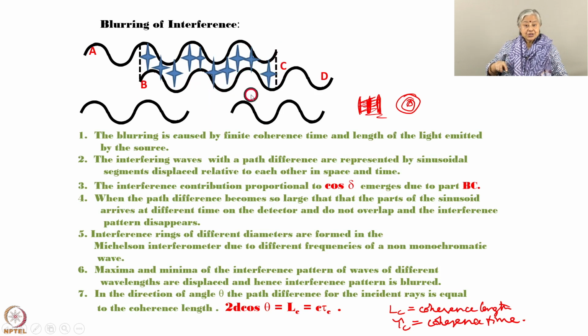So, if this is very short, your 2d cos theta will also become small, and your coherence length is short. So, you won't really get a good interference pattern. You will get a blurring of the interference pattern.